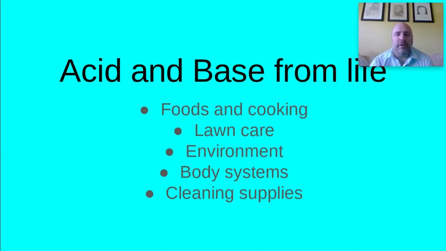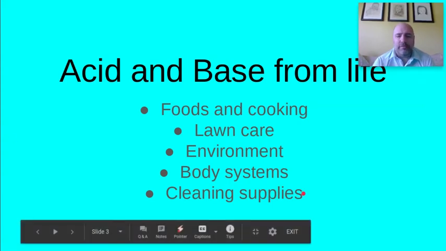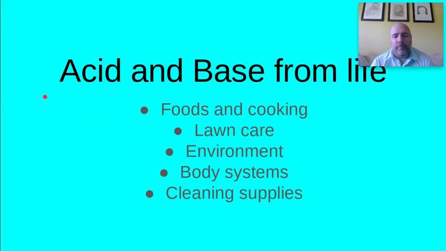Your stomach has a really extreme pH. That's why, if you were to vomit, you might feel this burning as it comes up your esophagus and your throat. There's some pH stuff going on there that you're not used to dealing with. Cleaning supplies, of course, are filled with extreme pHs too. So you'll see reference to those throughout our week.